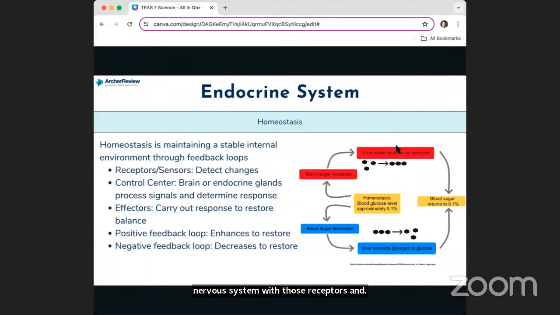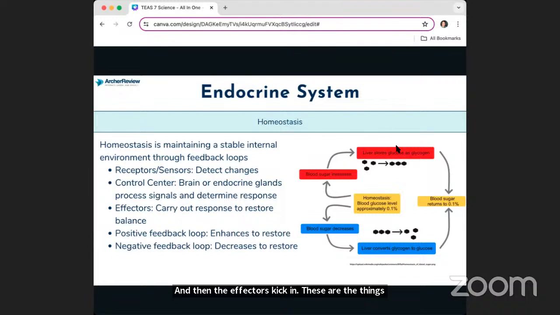Once that change is detected, it sends it to the control center, which is going to be the brain and those other endocrine glands in the area. And it will process those signals and determine the best response for your body. And then the effectors kick in. These are the things that actually carry out the response to restore balance.